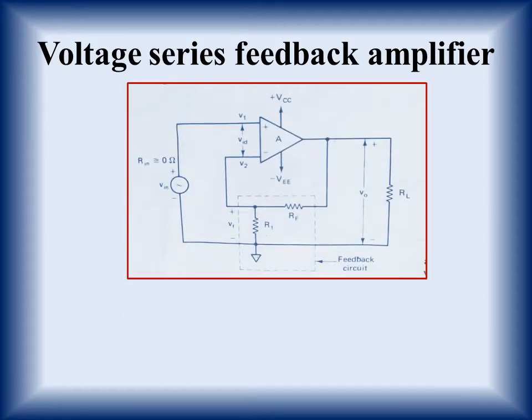This is the basic diagram that we had discussed to calculate the gain of the feedback amplifier. So capital A in the diagram depicts the open loop gain of the operational amplifier, and we had calculated AF, that is the gain of the amplifier when feedback was applied.